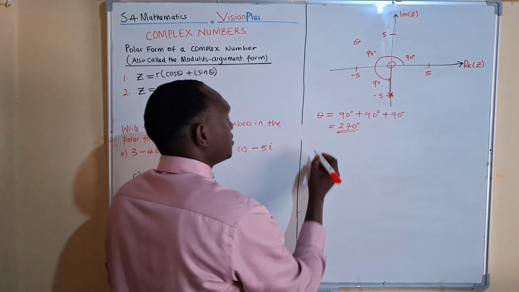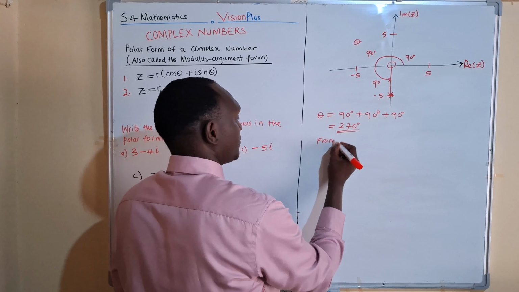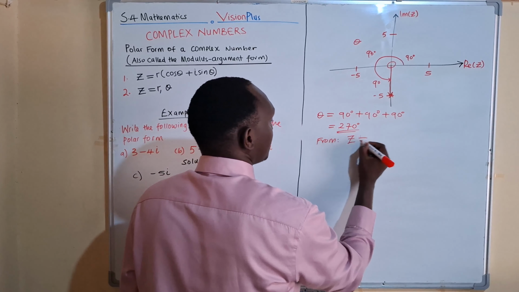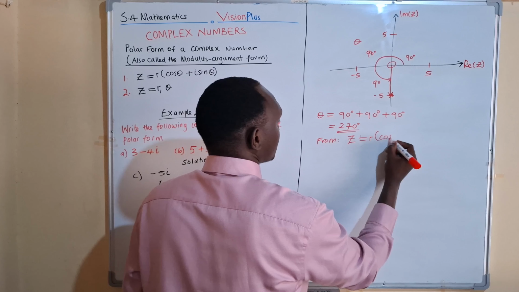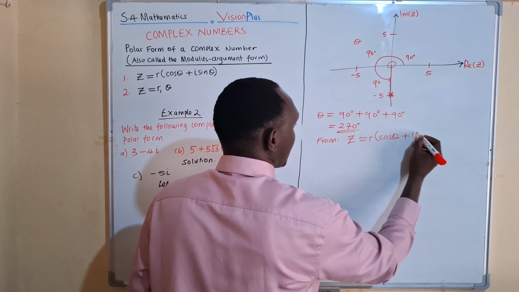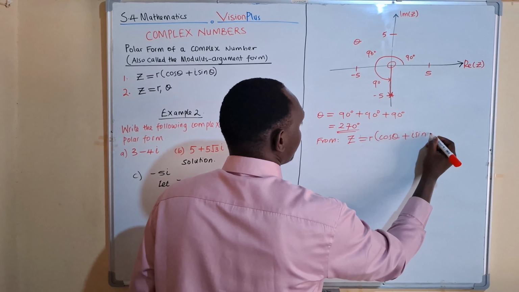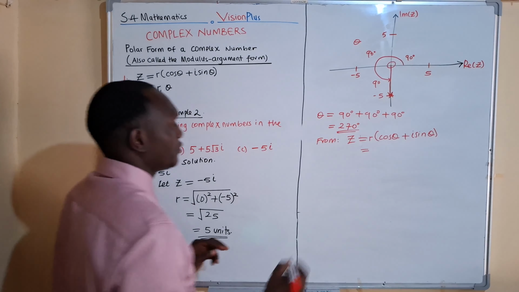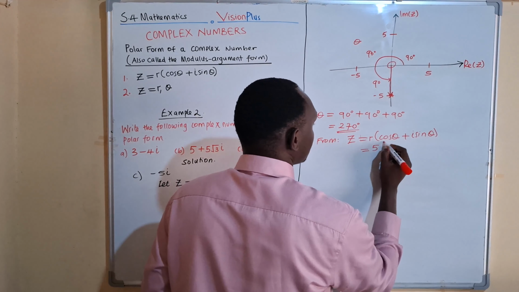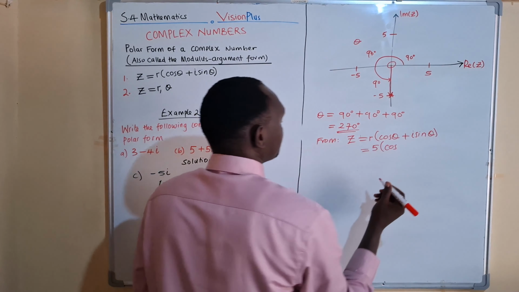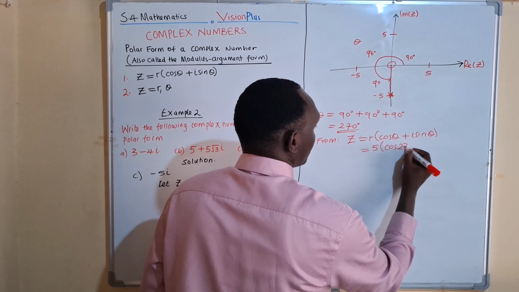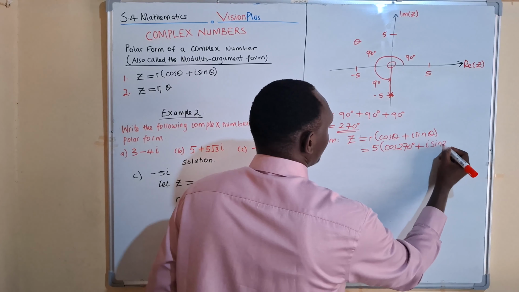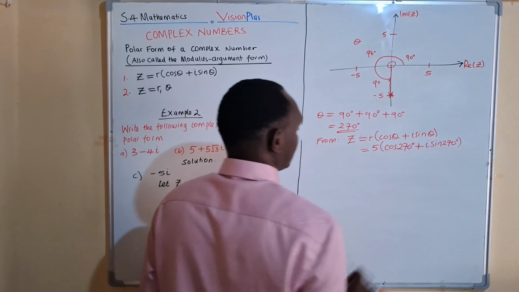This is the argument. So we just say from the general form that the polar form is given by r into cosine of the angle theta plus i sine of the angle theta. Let's substitute for r. r is 5 units. So here we shall have 5 units into cosine of the angle, which is 270 degrees, plus i sine of the same angle, 270 degrees.